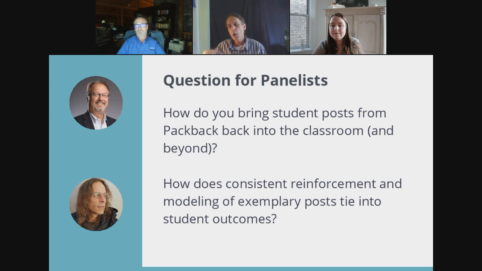And especially in science, you want to do things like include citations and use reputable sources and make sure all your I's are dotted and T's are crossed. That's what I see as the biggest usefulness for me as a teacher in Packback, being able to take that and bring it back into the classroom.